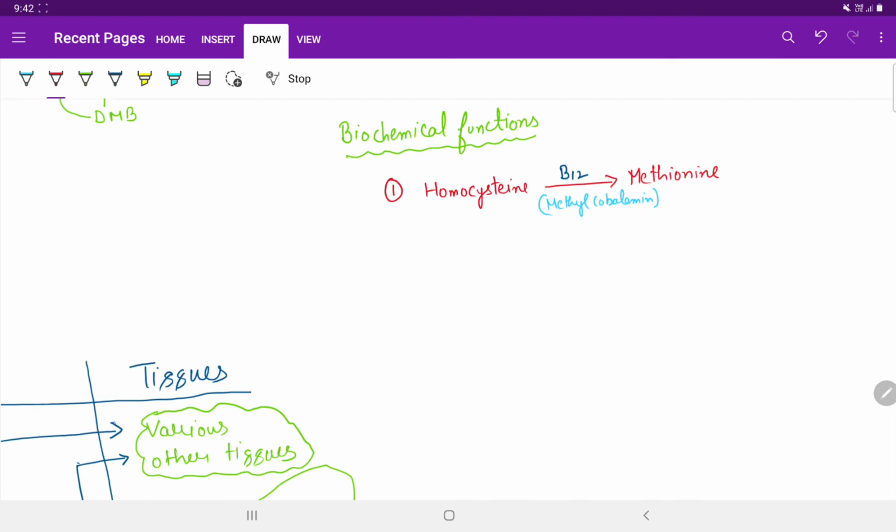Whereas the second important biochemical function is formation of succinyl coenzyme A. So this succinyl coenzyme A is used in, we all know that, TCA cycle and also in the porphyrins. So it is also of great importance. These are the major biochemical functions.